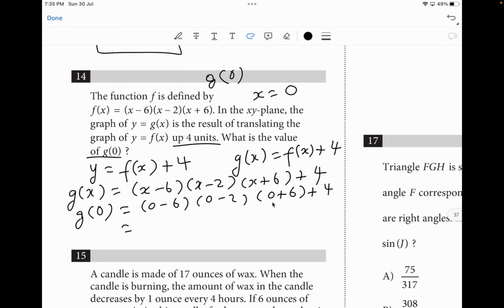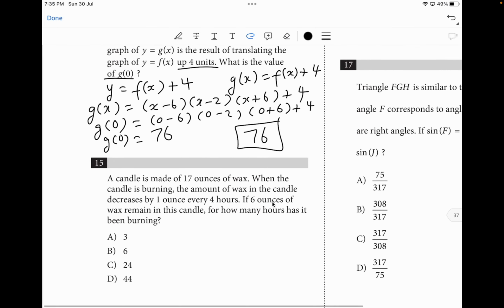In this case, you just substitute all of these values in your calculator. By the way, when you're putting the value of brackets, do put the multiplication symbol just in case to get the approximate values. Plus 4. You should be getting the value of g of 0 as 76. So 76 is going to be your answer for question number 14.